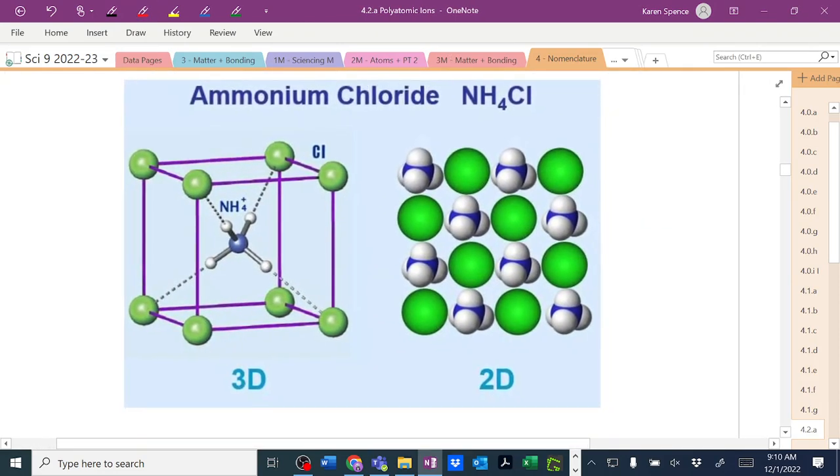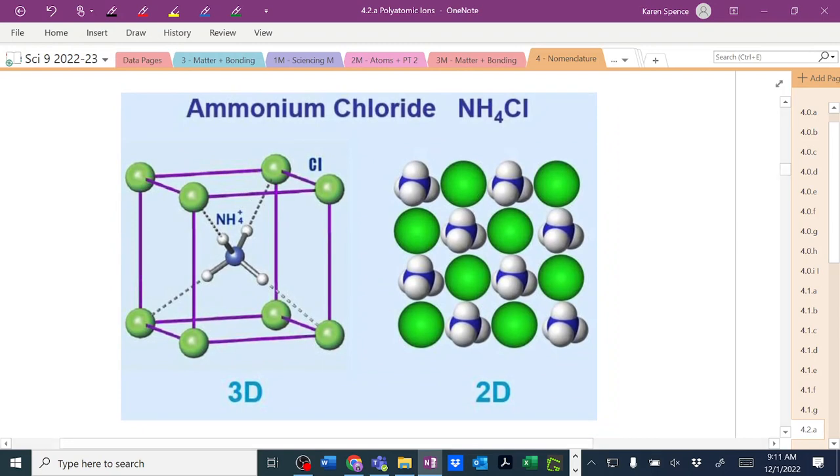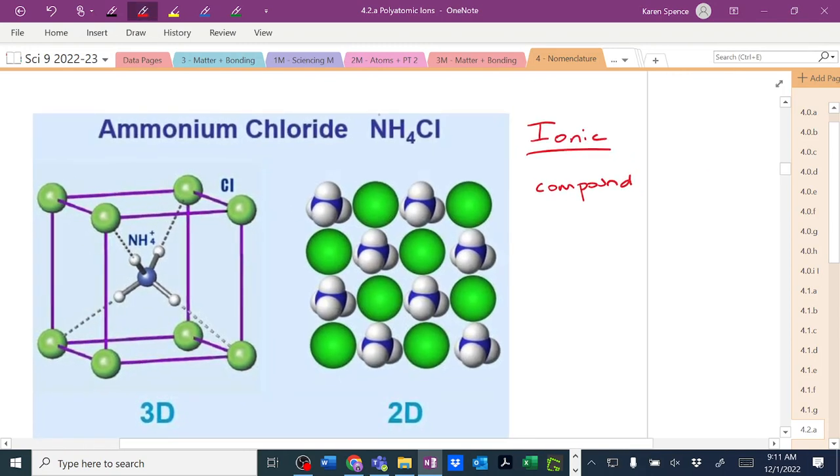So here is ammonium chloride, NH4Cl, but it is an ionic compound because it is made up of the NH4 plus ion and the Cl minus ion.